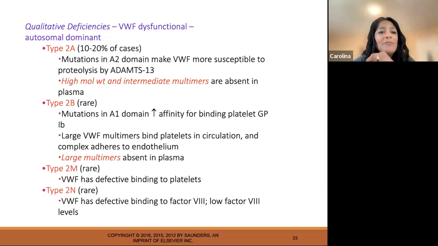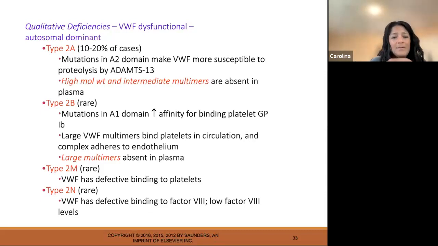And in here, you have mutations in the A2 domain that make von Willebrand's factor more susceptible to proteolysis by ADAMTS13. So remember, that proteolytic enzyme basically comes in to cleave it, right? To cleave the multimer into the monomers, okay? But because of this mutation, you now have a more sensitive A2 domain.